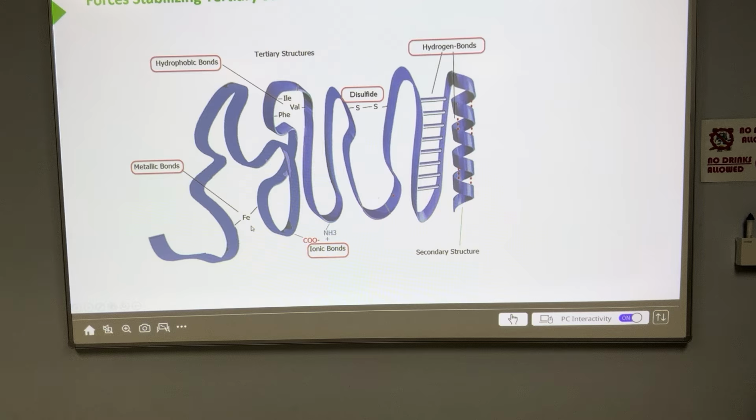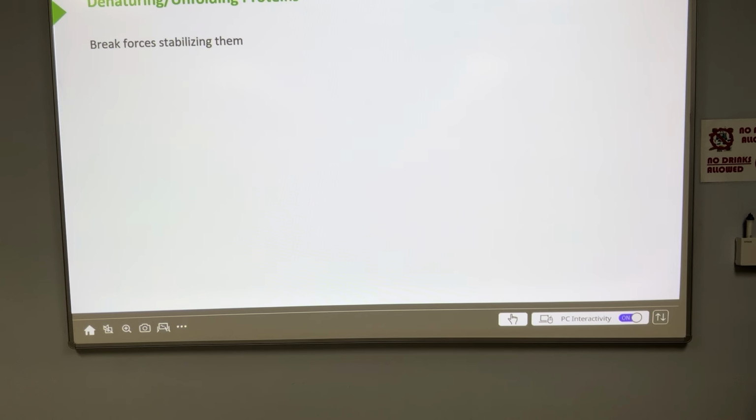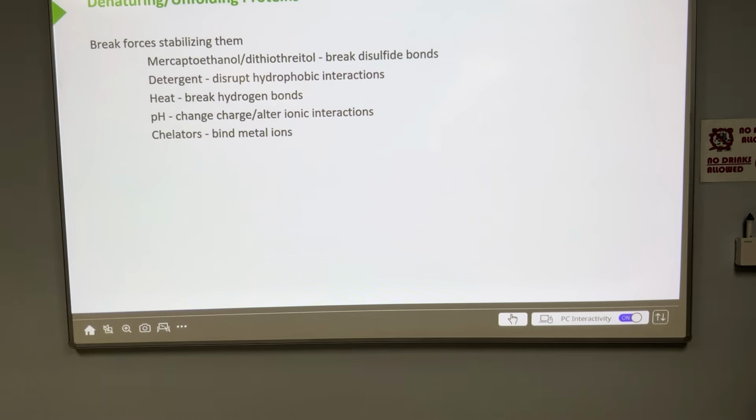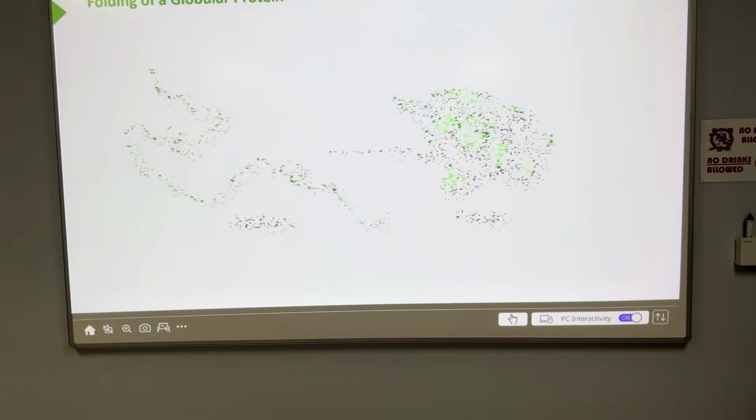Sometimes there are metallo substances like iron, like magnesium. We use chelators to break them. Once you add chelators, you have broken apart any bond that was made through the ion. Any questions?